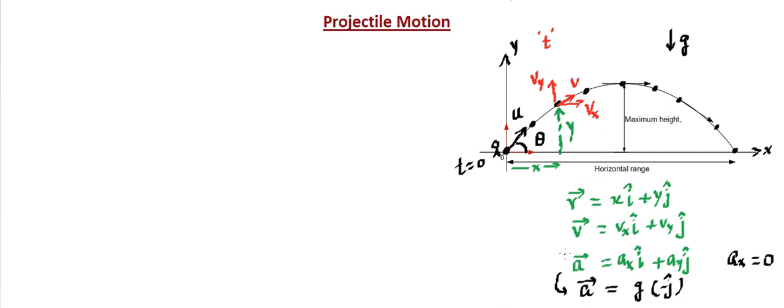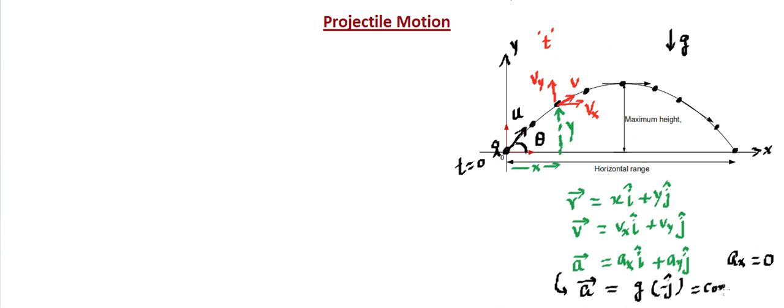Now our purpose becomes to find x as a function of time, y as a function of time, vx as a function of time, and vy as a function of time. If we are able to find these general equations, then our job will be done, because acceleration is known to us. One more point we can notice is that this acceleration, whatever we are writing, is a constant.